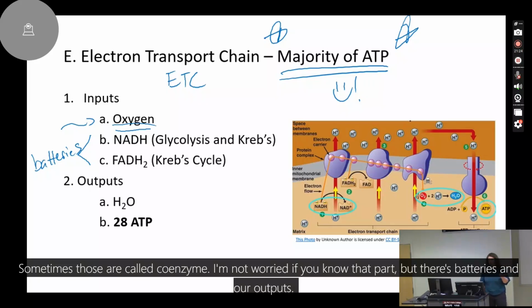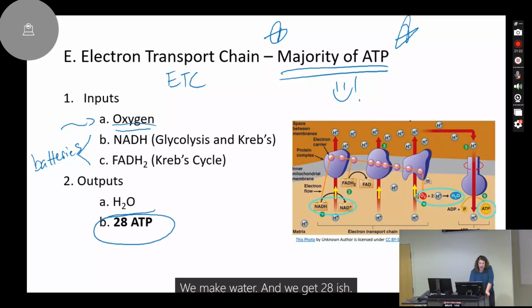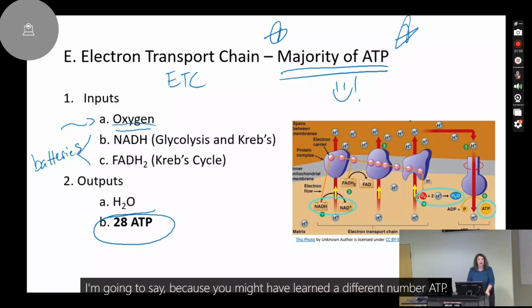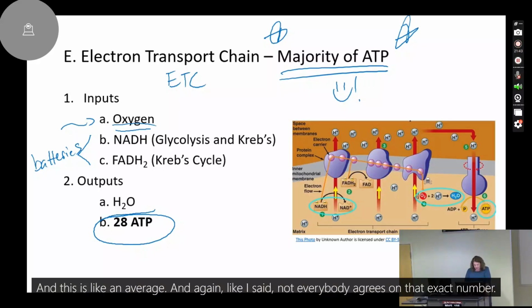I'm not worried if you know that part, but these batteries. And our outputs, we make water, and we get 28-ish, I'm going to say, because you might have learned a different number, ATP. And this is like an average. And again, like I said, not everybody agrees on that exact number.